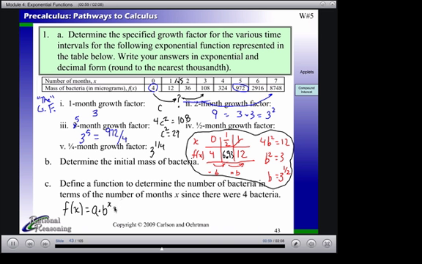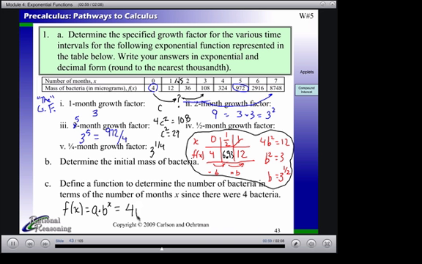So for this, what is our initial amount? A is what? 4. Okay, always 0. So it can be confusing. Sometimes you might think you might use A corresponding to 1, but it never does. The initial value always corresponds to the input of 0. That's right.